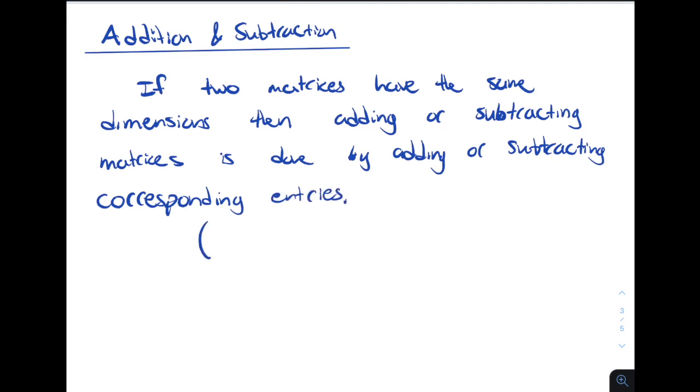Symbolically, we can say that the element in the ith row and jth column of A plus B is the element in the ith row and jth column of A plus the element in the ith row and jth column of B.